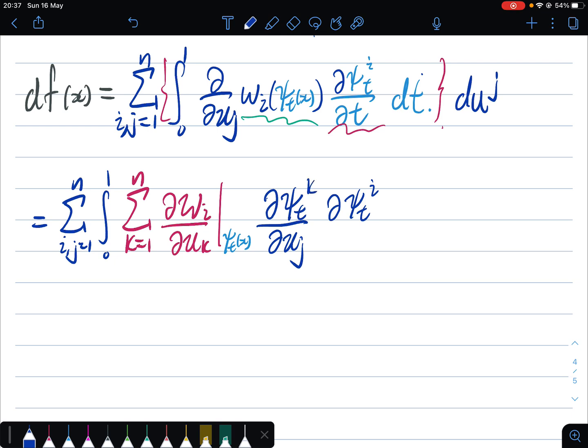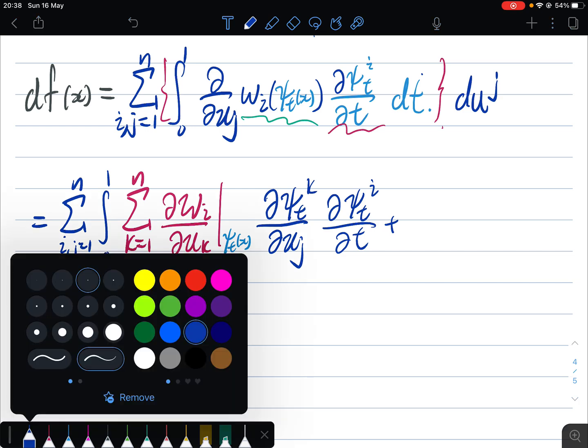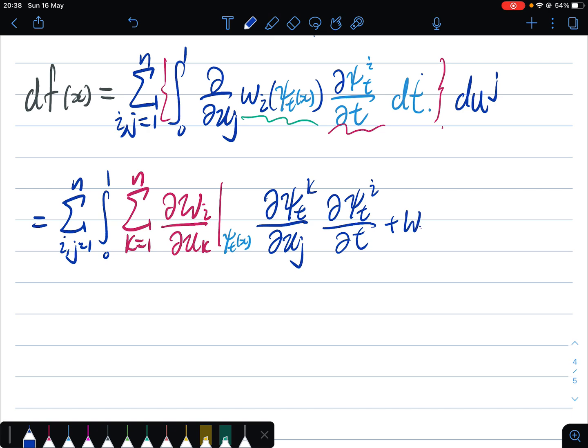Differentiate each coordinate, and yes. Then by the product rule, we copy the whole thing here.